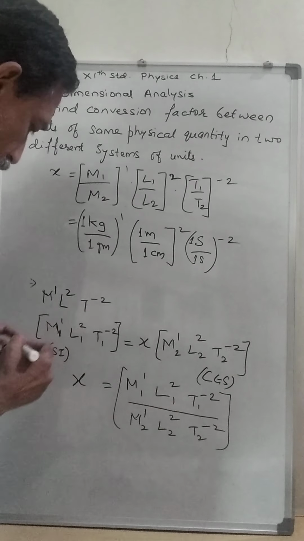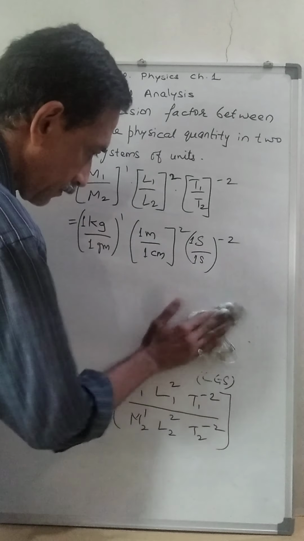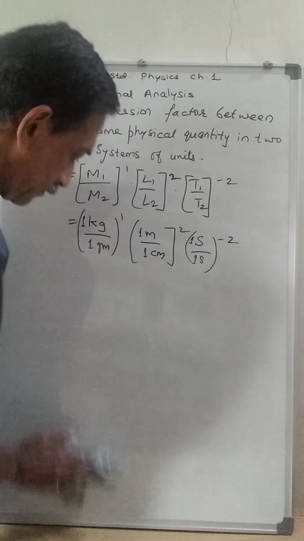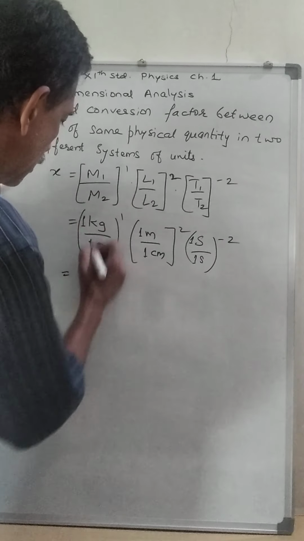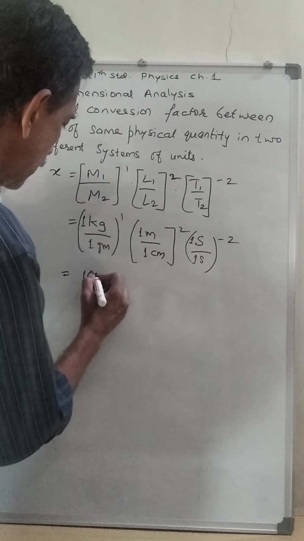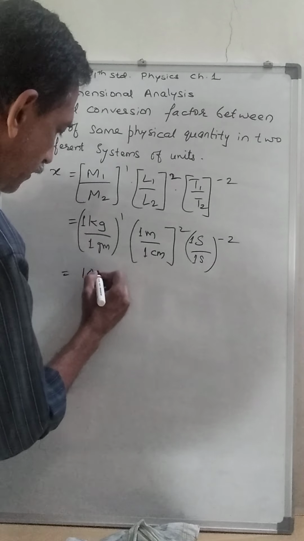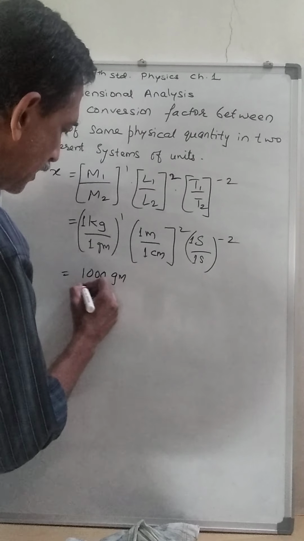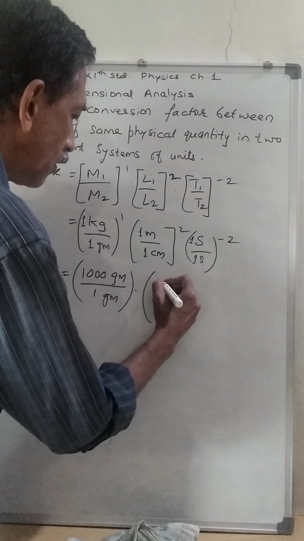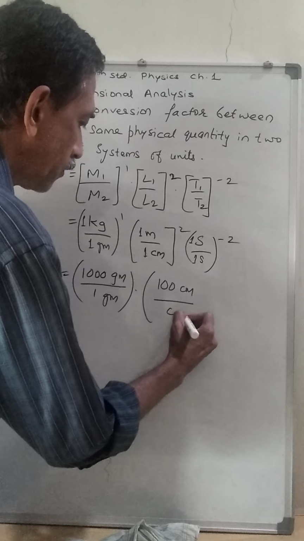So this will be equal to 1000 grams upon 1 gram into 100 centimeter upon 1 centimeter.